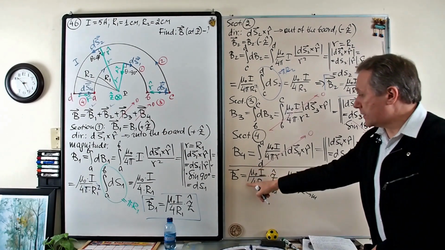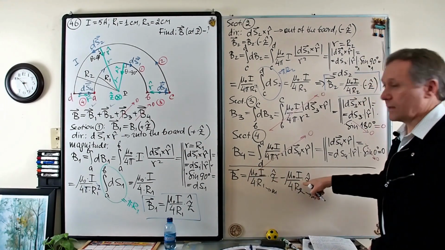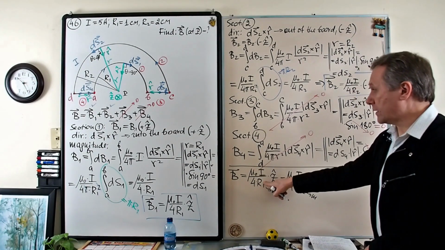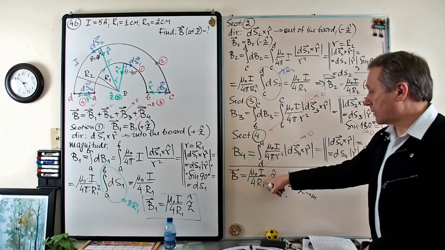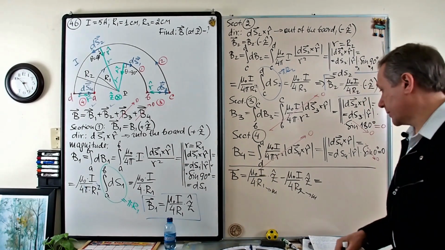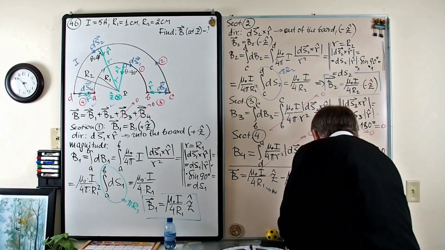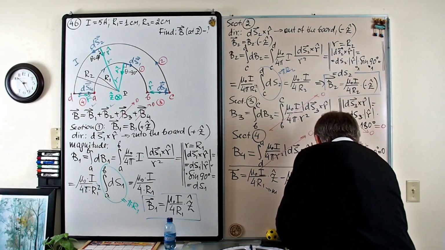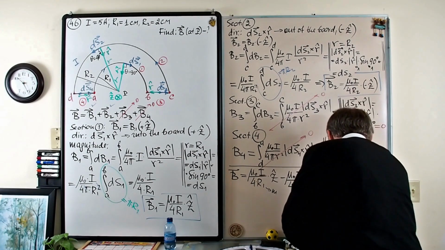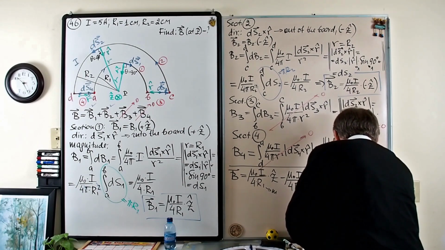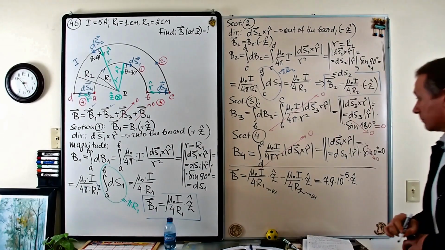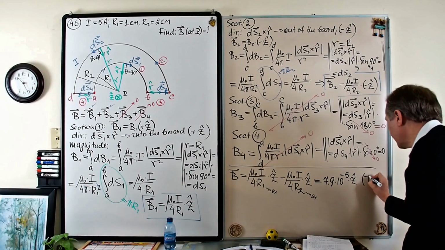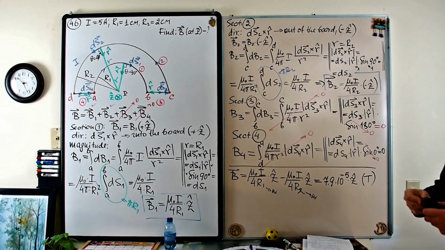And obviously the first term is going to be larger than the second one, right? Because R1 is smaller than R2, and R1 is in the denominator. So the answer will be 7.9 times 10 to the power of minus 5 in the z direction, in units of Tesla. Right. Okay, that's the problem.